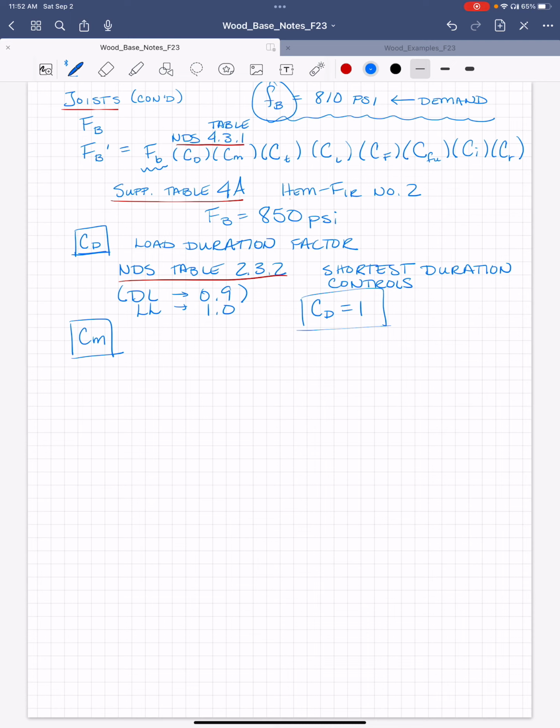In here, we've got values for CM and CR and CFU, which are all on this page. It says Table 4 adjustment factors. Some of them are in tables, but that's basically what it is. So this is going to be in Chapter 4, Table 4A of the supplement.